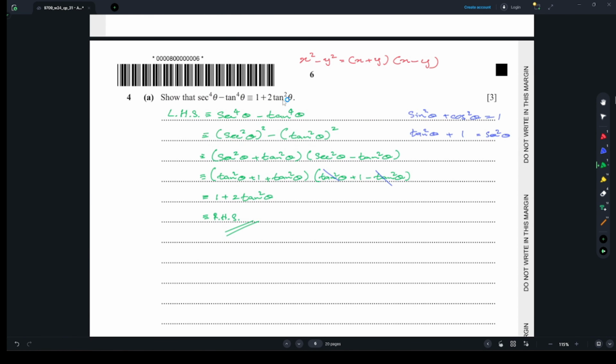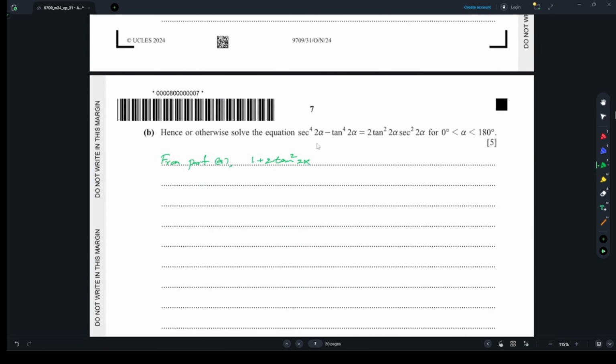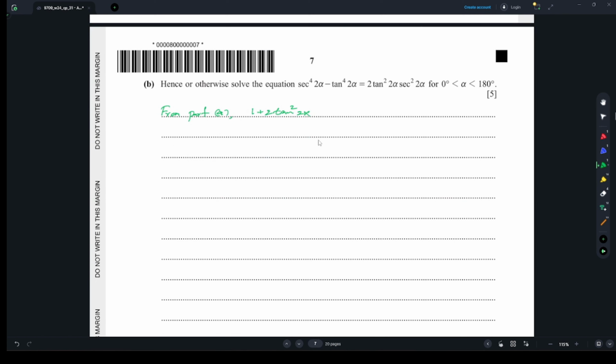Because here we have 2 times theta, instead of theta we can apply 2 alpha. So I can write everything with 2 alpha: sec to the power 4 2 alpha minus tan to the power 4 2 alpha equals 1 plus 2 tan square 2 alpha. Say equation 1.